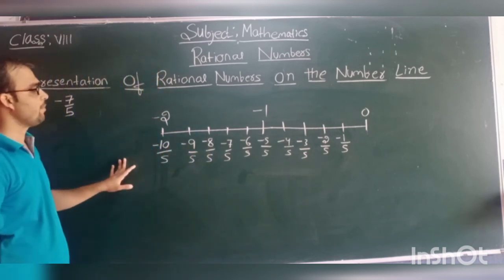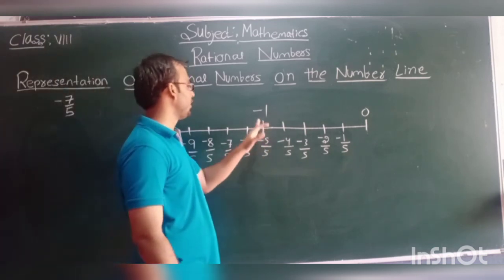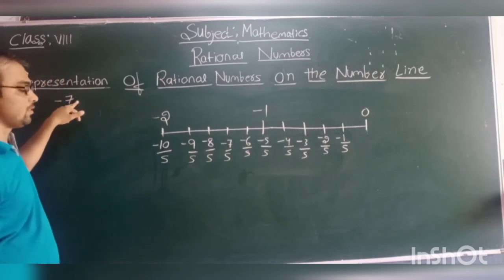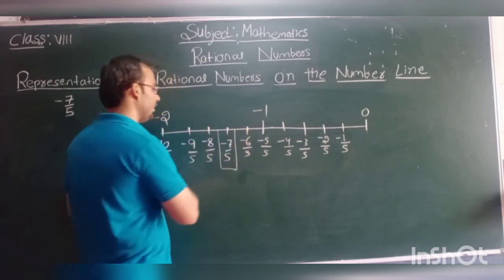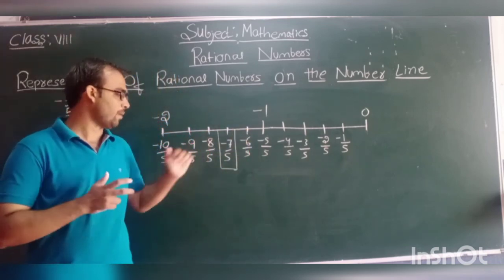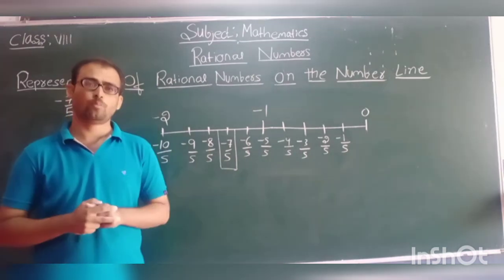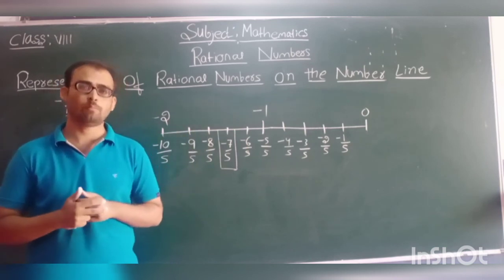Okay. So minus 10 by 5 is nothing but minus 2 and minus 5 by 5 is nothing but minus 1. So which part do we need to represent? Minus 7 by 5, no? So this is the part that we need to represent on number line. Okay, I hope you have understood this concept, that is how to represent a rational number on number line.